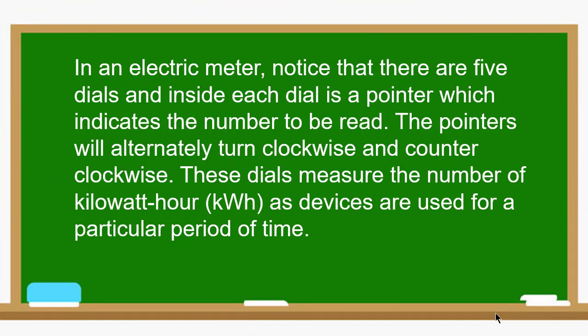In an electric meter, notice that there are 5 dials, and inside each dial is a pointer which indicates the number to be read. The pointers will alternately turn clockwise and counterclockwise. These dials measure the number of kilowatt-hours as devices are used for a particular period of time.